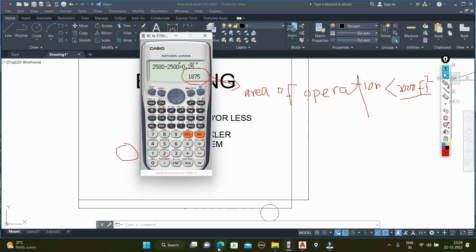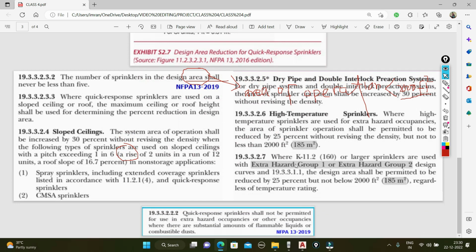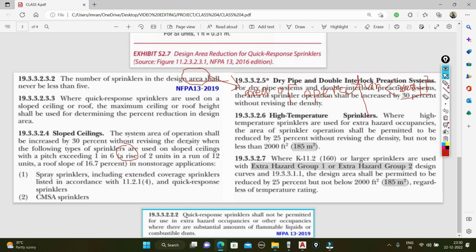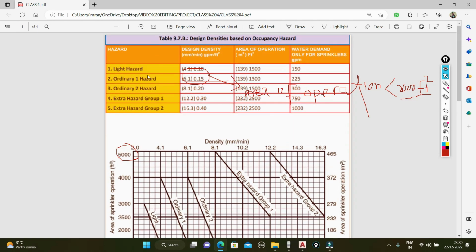Next, we are going to see this one. This is the extra hazard. Also it's the same, that in extra hazard we will not consider any area less than 2000 feet square as a remote area or design area. Okay, also in the previous example we saw how the area of operation varies if we are using a quick response sprinkler.